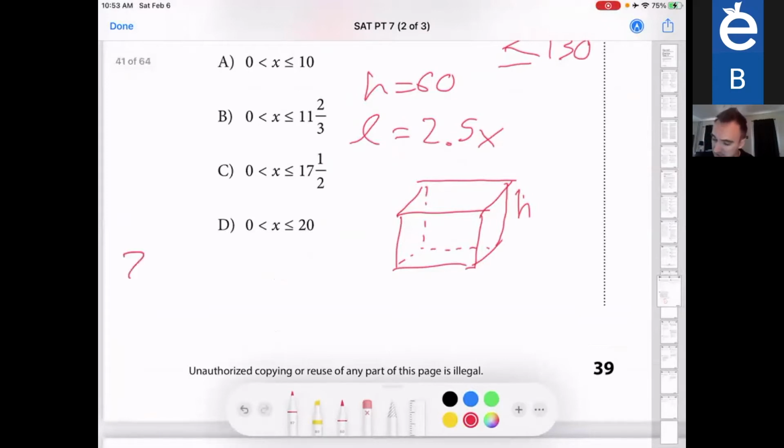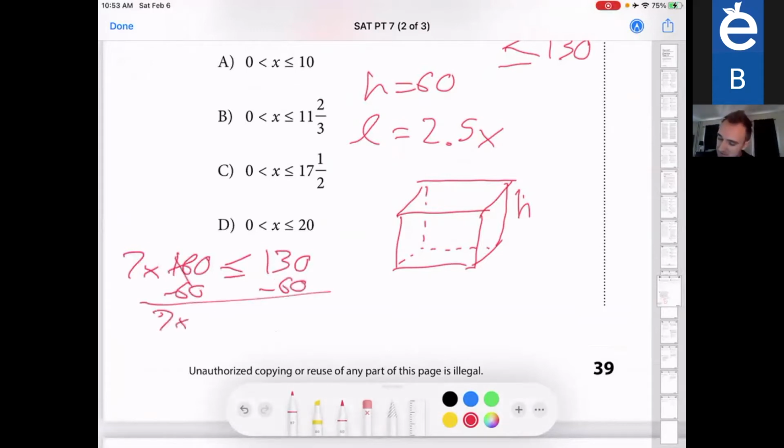We had 7x plus 60, I'll start here, was less than or equal to 130, right? Can't exceed that 130. I subtract 60, 7x is less than or equal to 70, divide by 7, divide by 7. My inequality solves as x being less than or equal to 10.